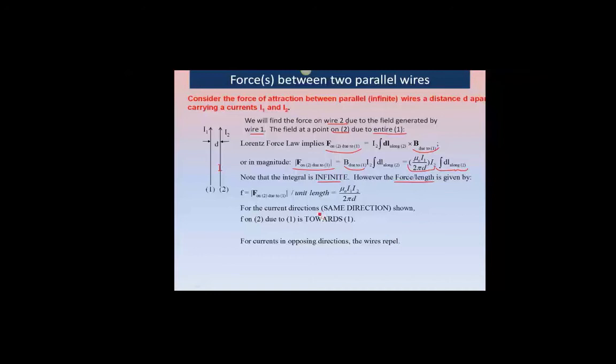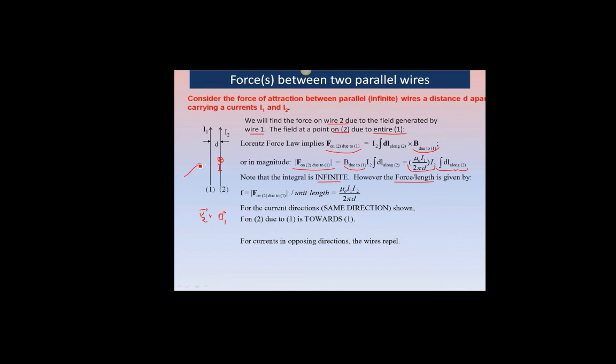The way we've got this, you should look at the direction of the force. Remember that we have a cross product, V cross B. In this case it's V2 and this is B1. So you use your right hand rule on I1, and that gives you a field here into the page. So that's into the page. Let me represent that like this.